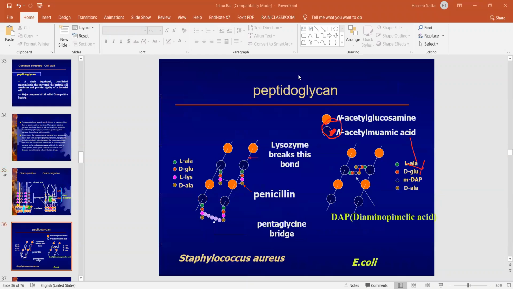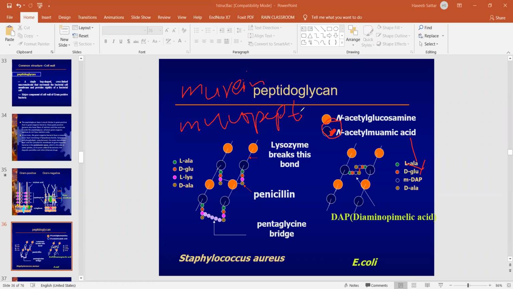So let's discuss the peptidoglycan. As I told you, the name suggests, peptidoglycan means peptides and sugar. There are two other names of the peptidoglycan unit. We call it murein and mucopeptide.